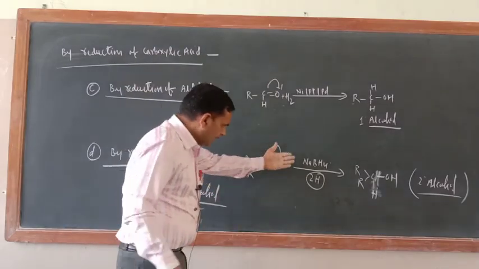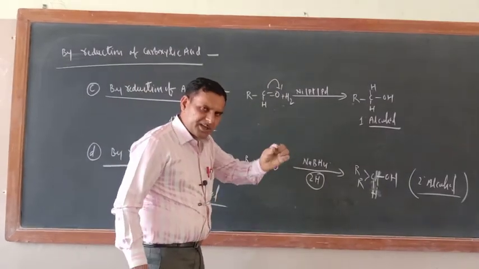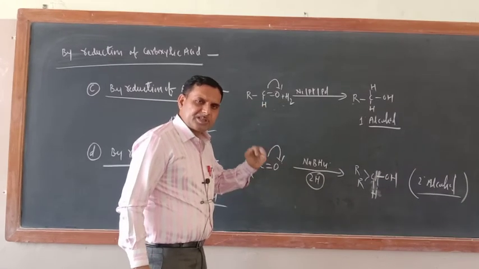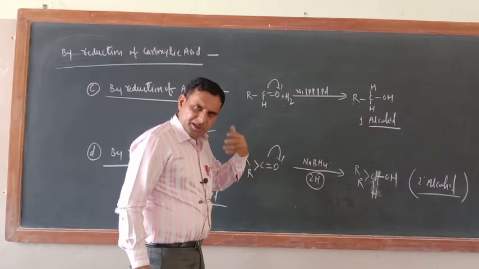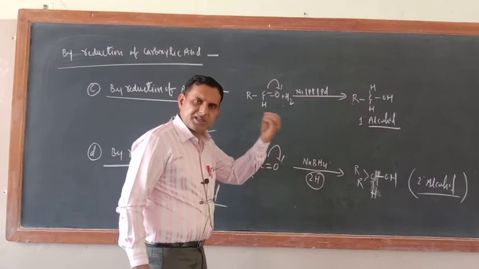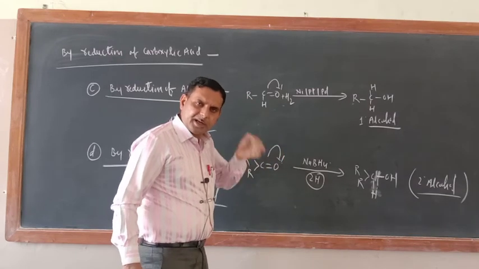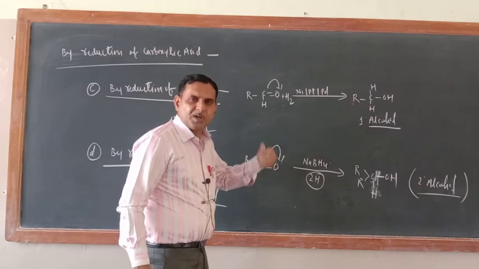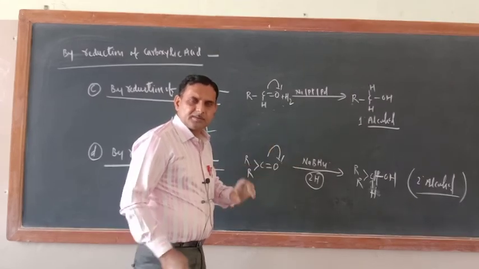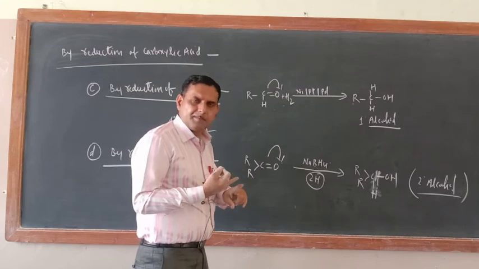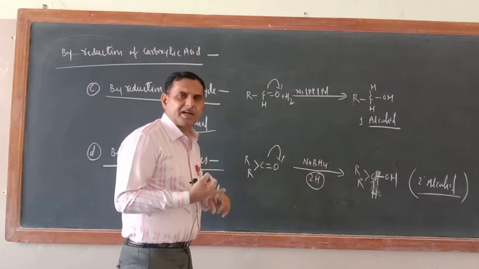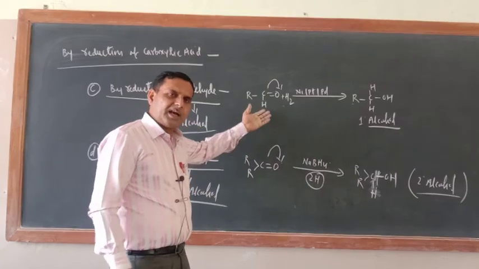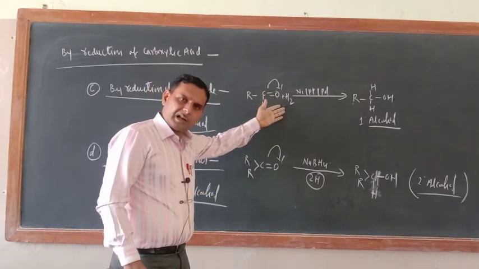And here also, just by seeing the presence of the reducing agent, we can decide which is undergoing reduction reaction with great difficulty. Ester, because ester can only be reduced in presence of sodium and ethyl alcohol. Carboxylic acid only in presence of lithium aluminium hydride or C2H5OH Na. But aldehyde by all.